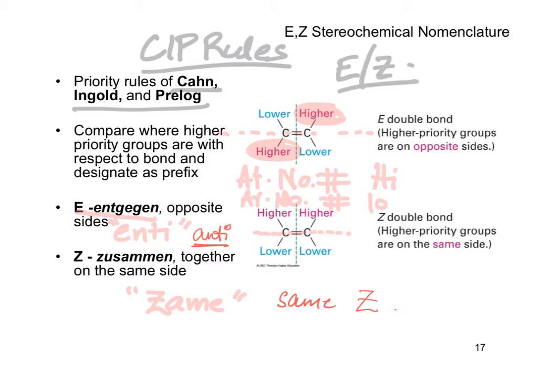So two words, anti and same, for E or Z, which will allow you to get a broader picture of nomenclature, of designating certain bonds in a specific manner.